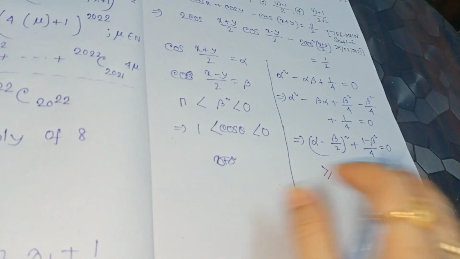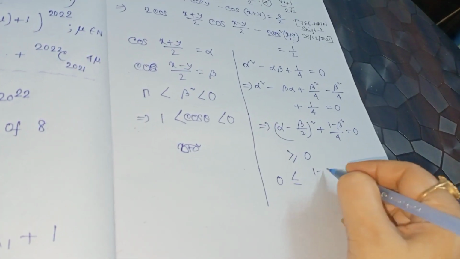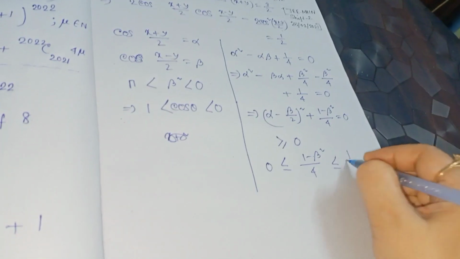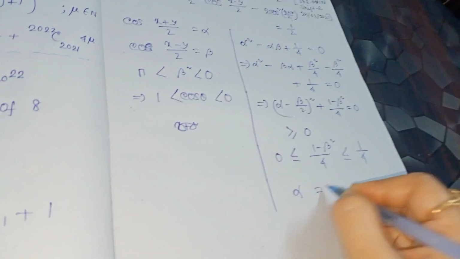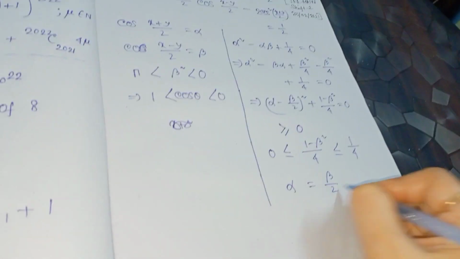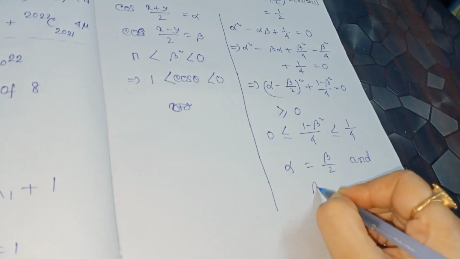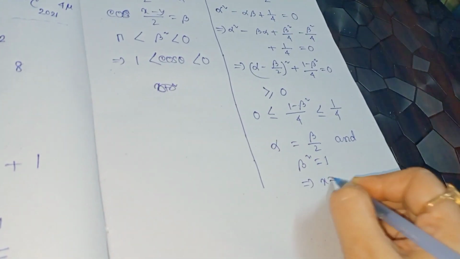Next step, here we get 0 less than or equal to (1 minus beta square) by 4 less than or equal to 1 by 4. So alpha is equal to beta by 2 and beta square is equal to 1. That implies x is equal to y.